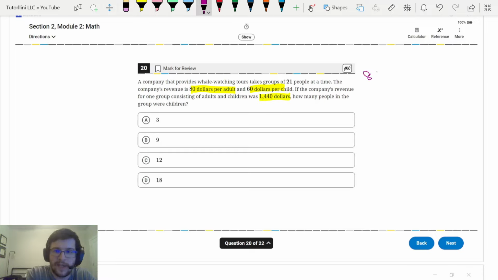So we're going to do 80A plus 60C equals 1440. And then it says they can take 21 people at a time. So that means there's a total of 21 adults and children. So we do A plus C equals 21.